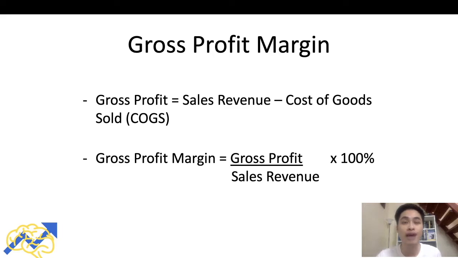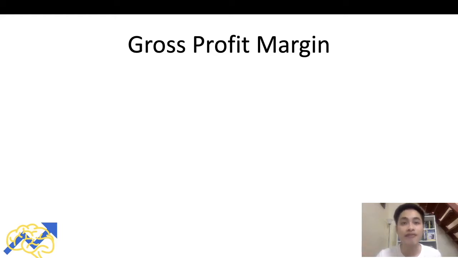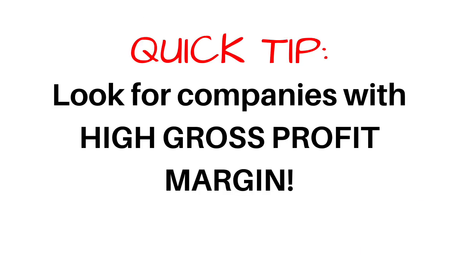The formula is gross profit divided by sales revenue, multiplied by 100%. The higher the gross profit margin, the better the company is at selling its products and services compared to its competitors. So as investors and traders, we want to see companies with high gross profit margins.